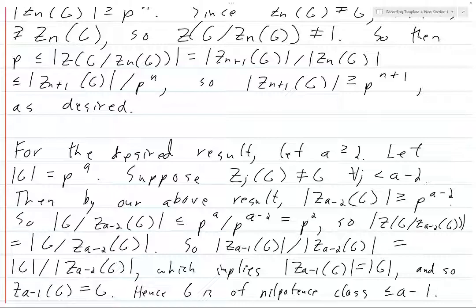But yeah, I just don't really like this. I don't find this proof very illuminating. We're talking about this thing called the upper central series, and these things are really weird because I don't know what Z_i looks like.